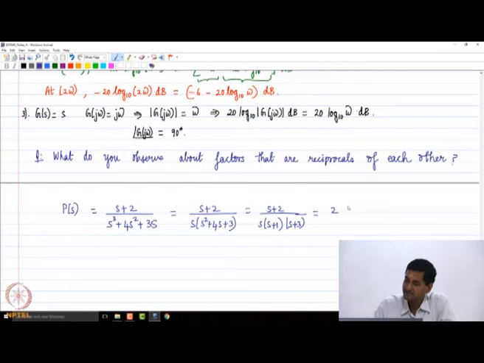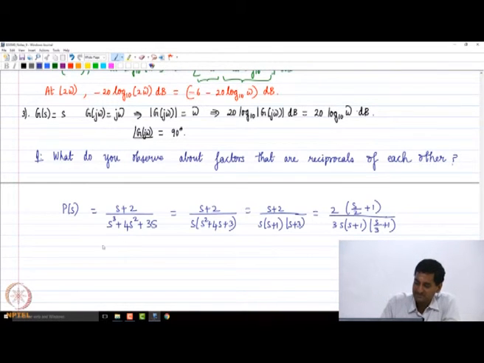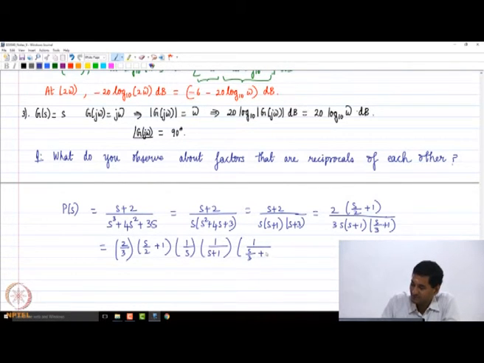So I can rewrite this as 2 times s by 2 plus 1, and 3 times s times s plus 1 times s by 3 plus 1. So the plant transfer function I can write as 2 by 3 times s by 2 plus 1, times 1 by s times 1 by s plus 1 times 1 divided by s by 3 plus 1.